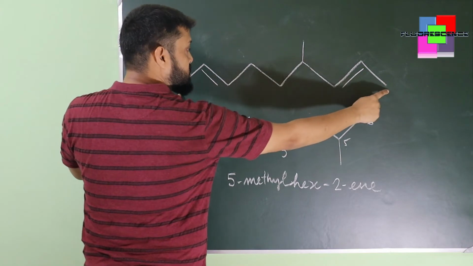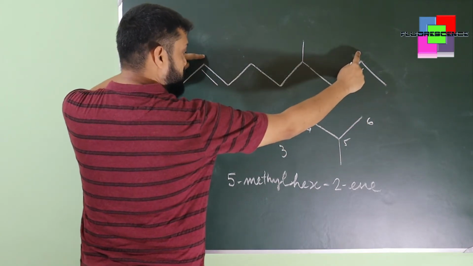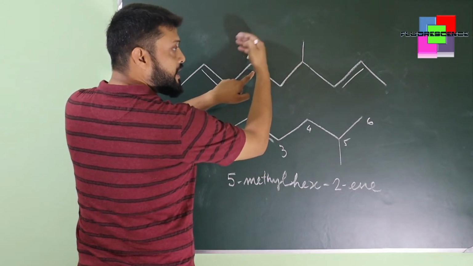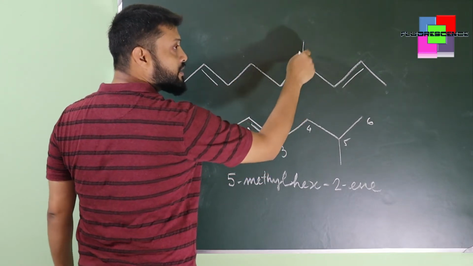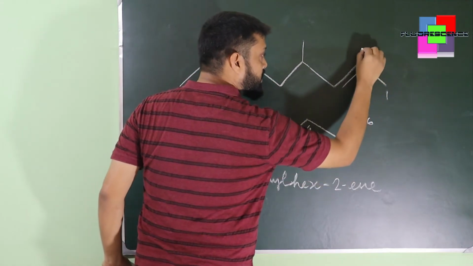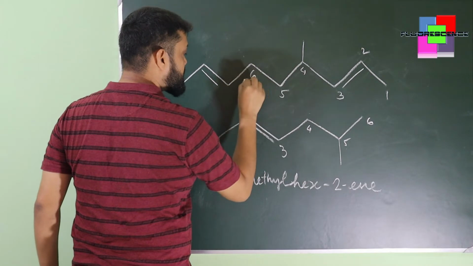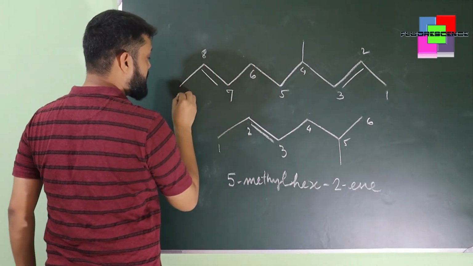For example, in the first position we have no difference, second point no difference, third point no difference, but in the fourth point, we have nothing on the left side but we have a substitution on the right side. So we'll start from 1, 2, 3, 4, 5, 6, 7, 8, 9.